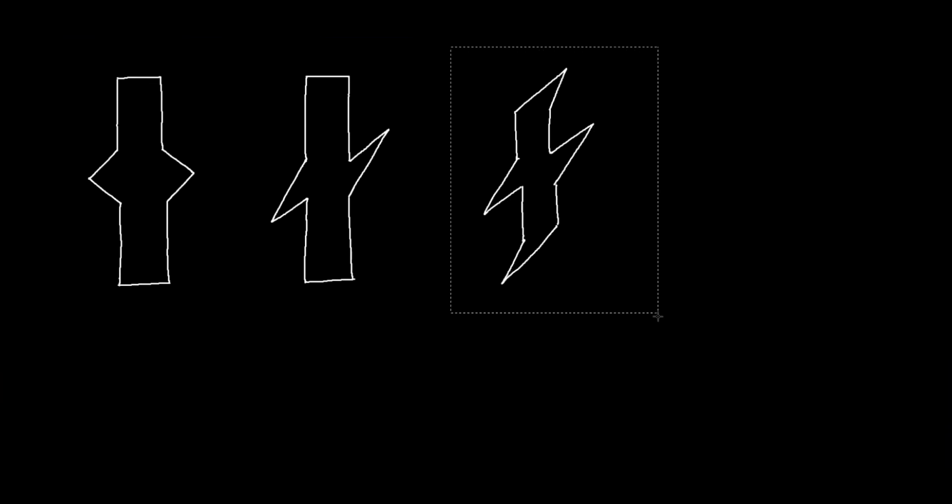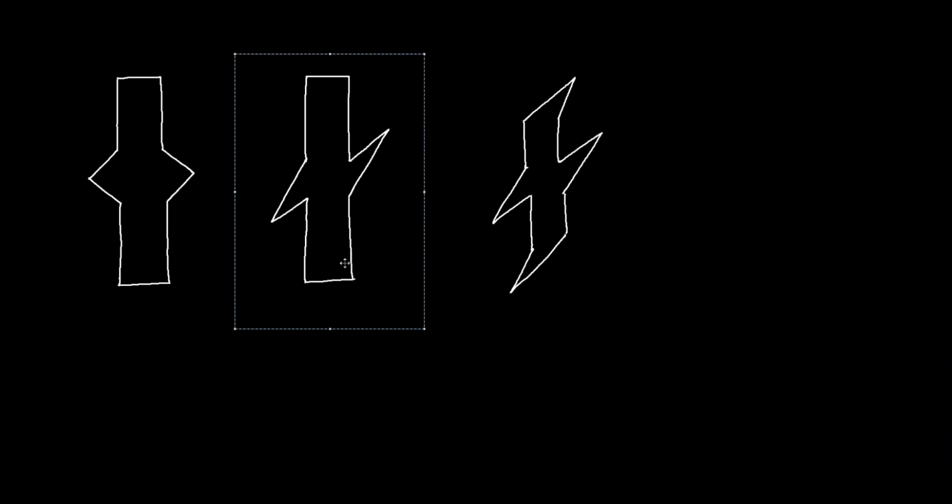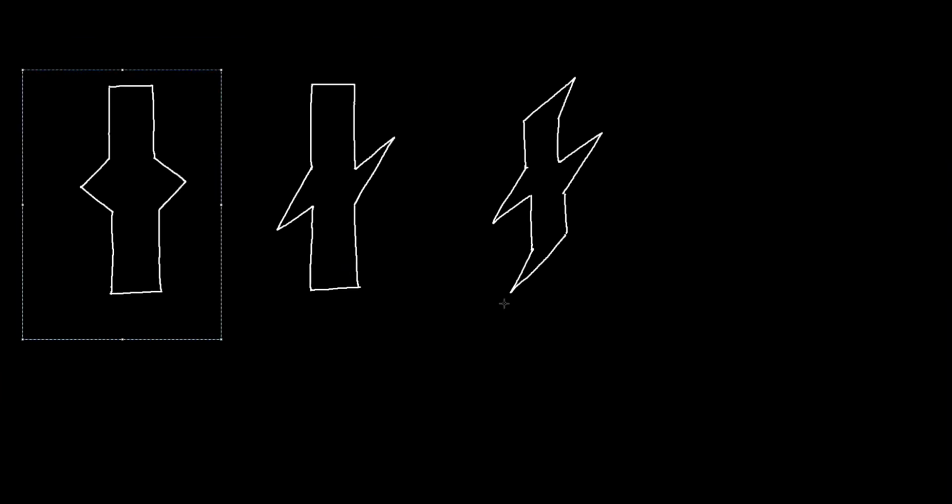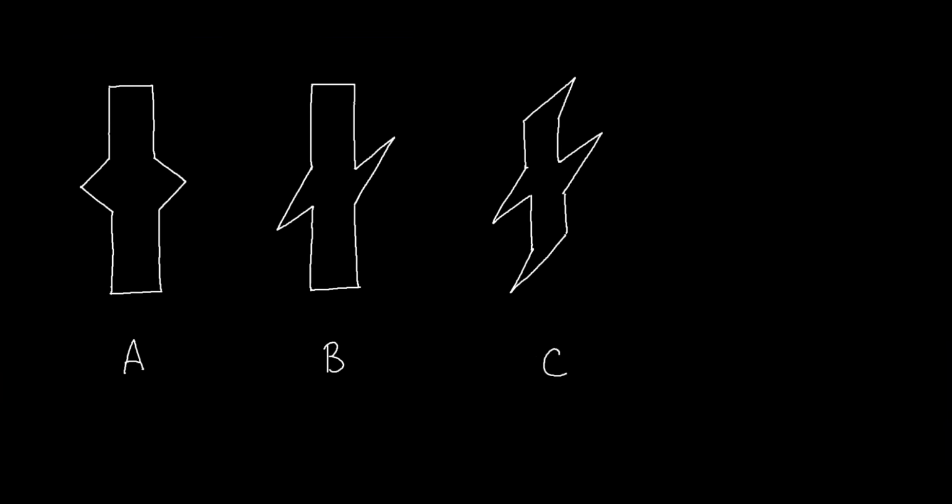And let's try to talk about whether any of these drawings appears to be more symmetric than the others. So we have three drawings here, A, B, and C. First of all, imagine a kind of ideal version of these drawings where the intended symmetry that you might notice is actually fulfilled.